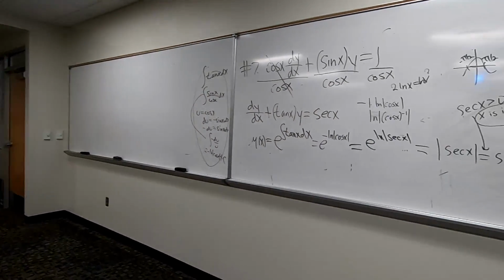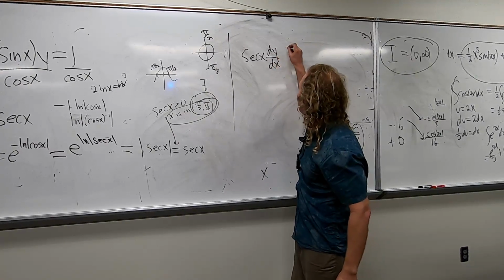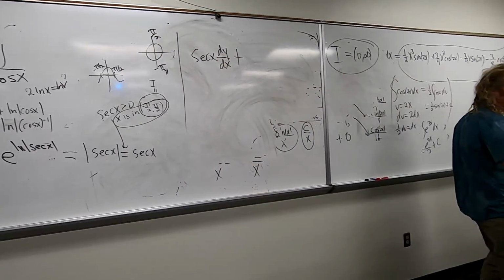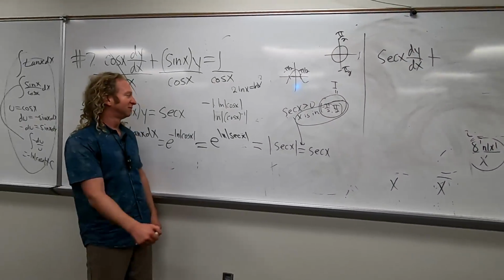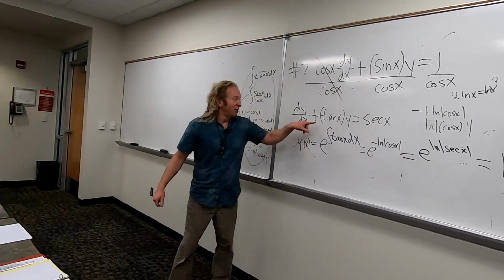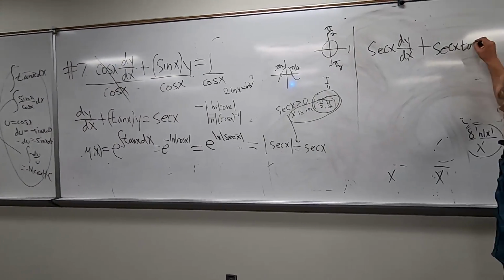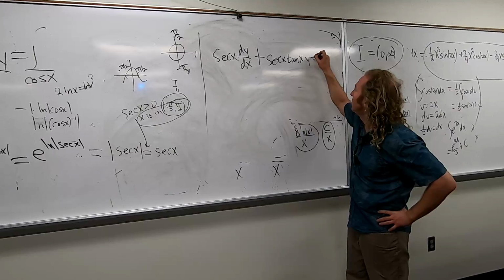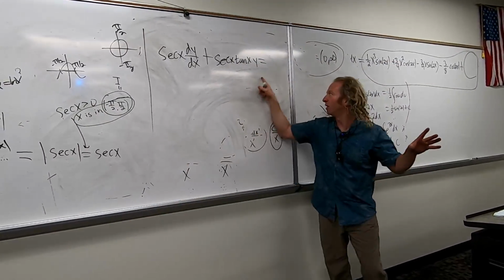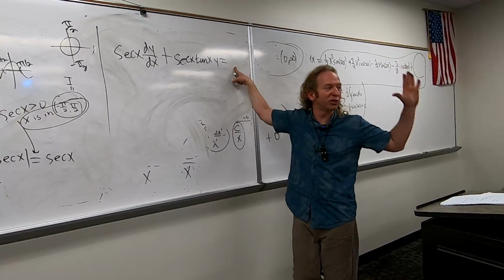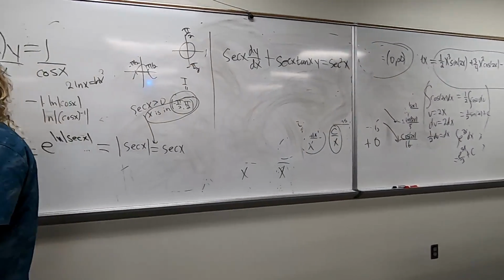So it'll be secant x dy dx plus secant x times tangent x, secant x tangent x, y equals, and what's going to go here? Secant what? Secant squared! Yes, secant squared! Good. Good stuff.